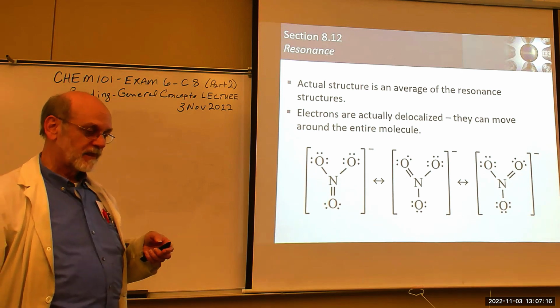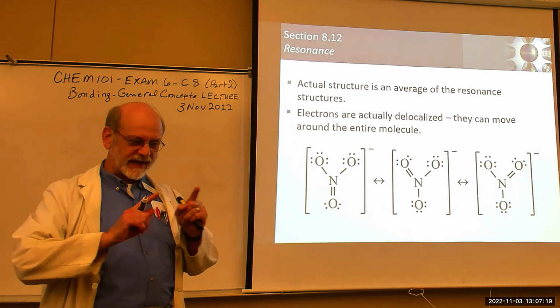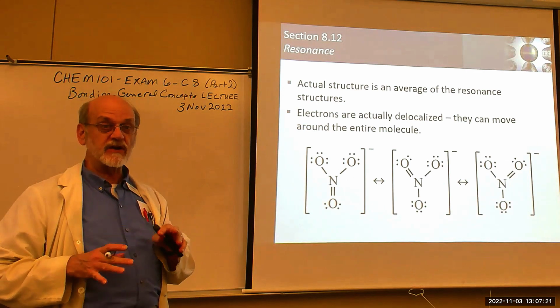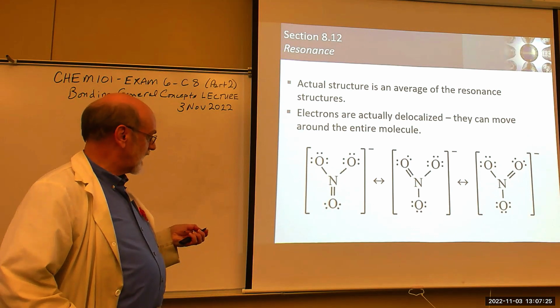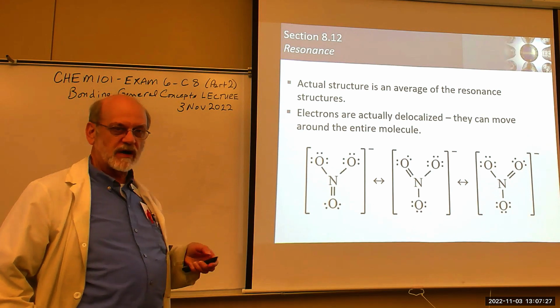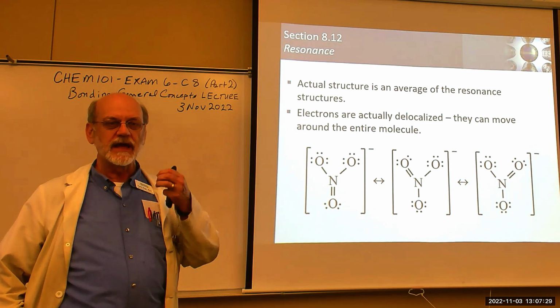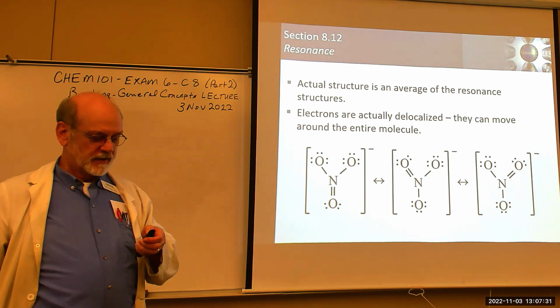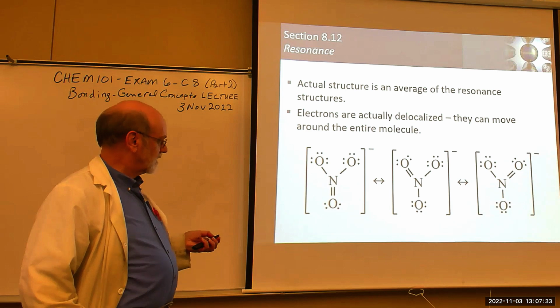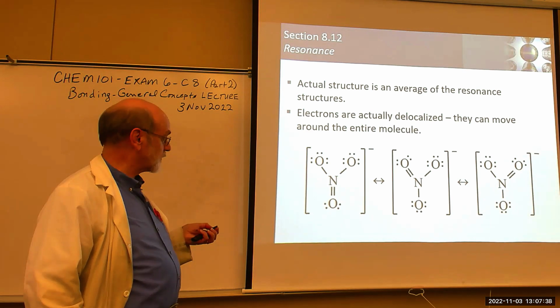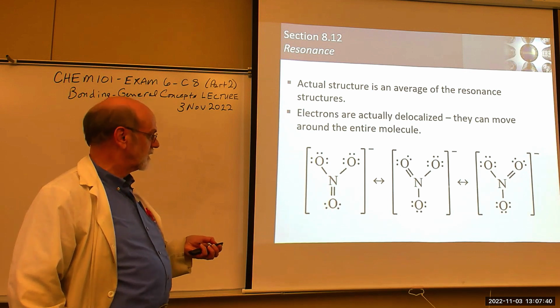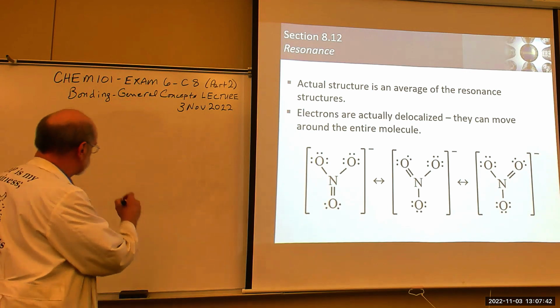And in fact, the bond lengths and bond energies have been measured for these molecules, and all of these nitrogen oxygen bonds are equivalent in energy and bond length. So that means nobody wins. This is not the true structure. That's not. The true structure would be something like this.